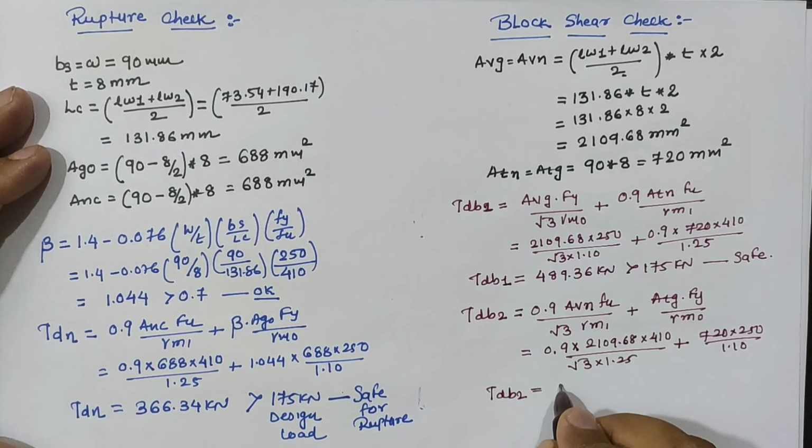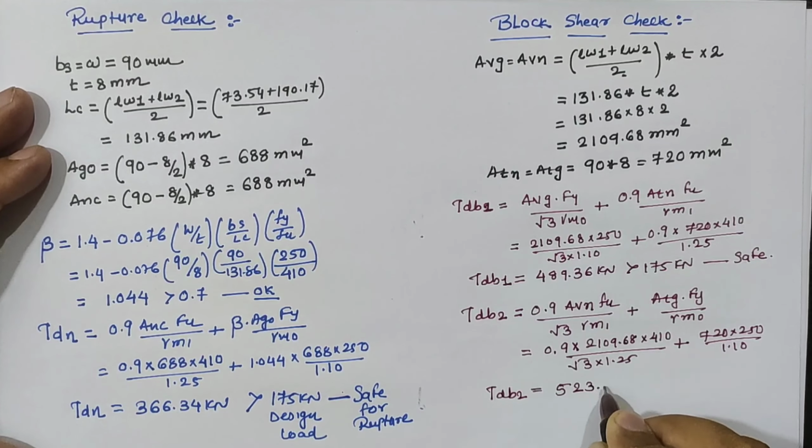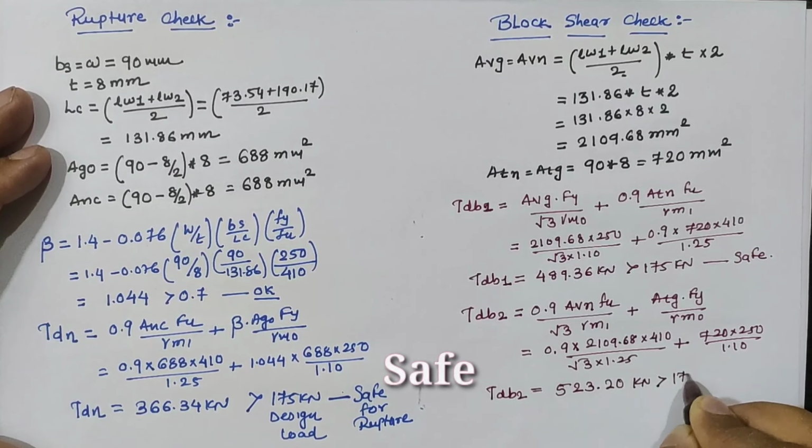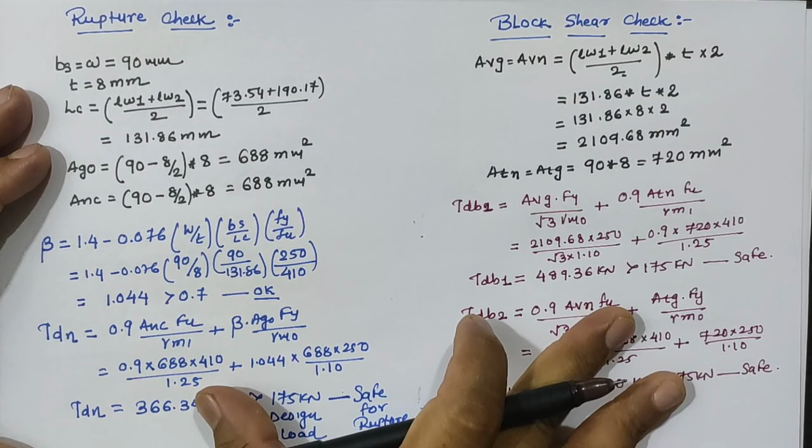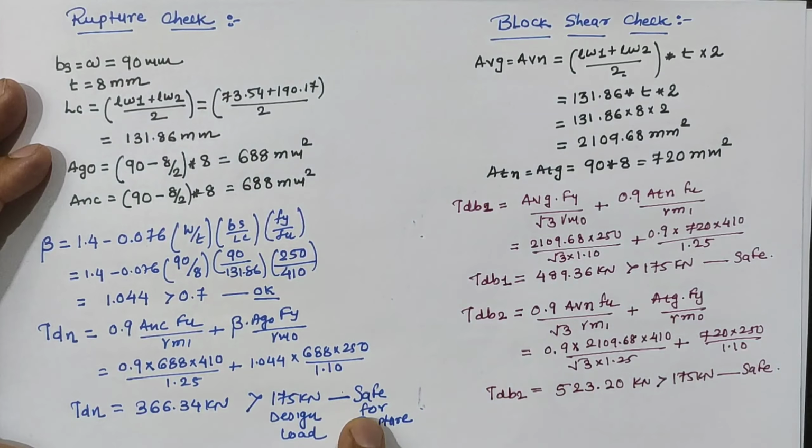Tdb2 is equal to 523.20, which is greater than 175 kilonewton as a design load. It means it is safe. So both the checking criteria are safe in rupture as well as the block shear.